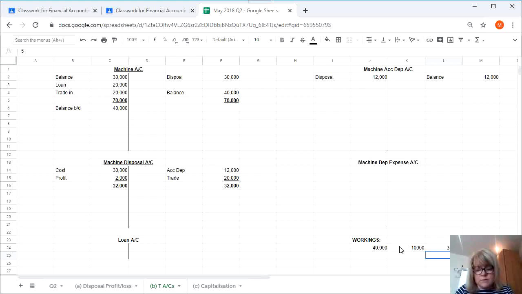So the annual depreciation then works out at 6,000, 30 divided by 5. So I've got to show that then as an accumulated depreciation.